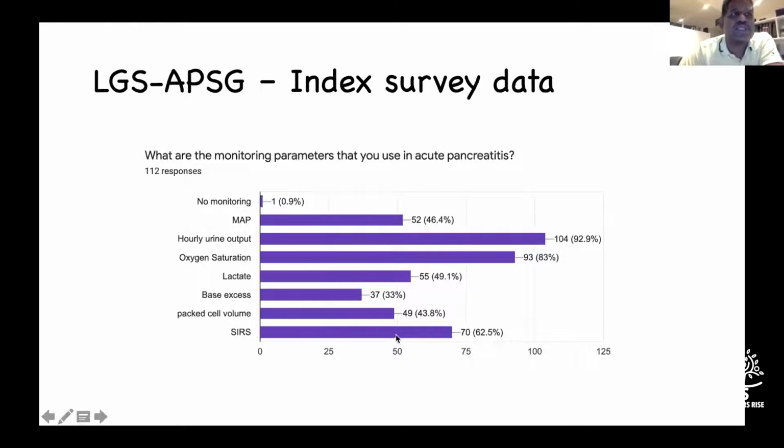A lot of them use SIRS, some of them use monitored packed cell volume, a few use lactates and base excess, 83% of them monitor saturations, which is very good, and some monitor MAP. So a good variety of these modalities are seen, and these data need to be analyzed for us to derive some concrete conclusions.